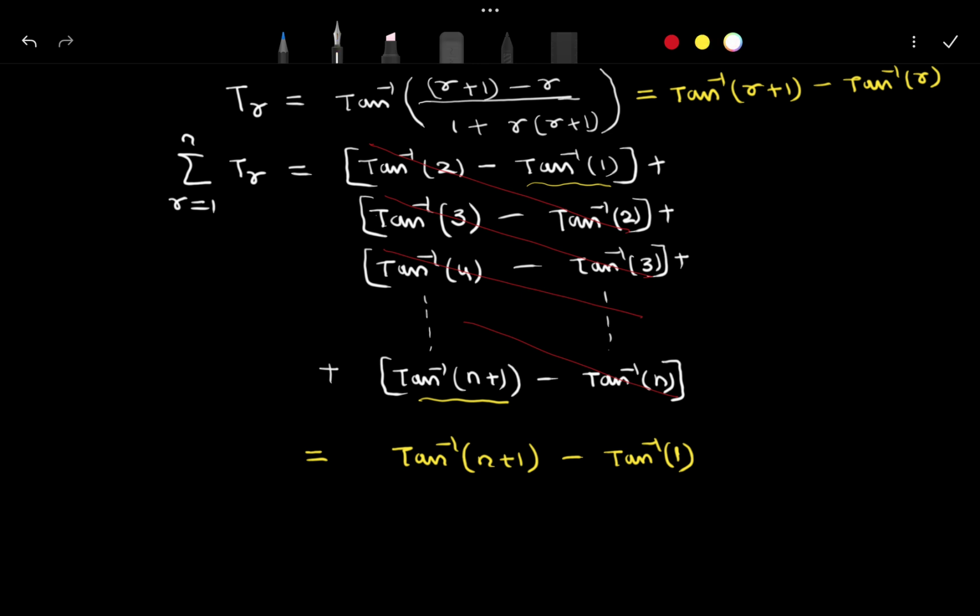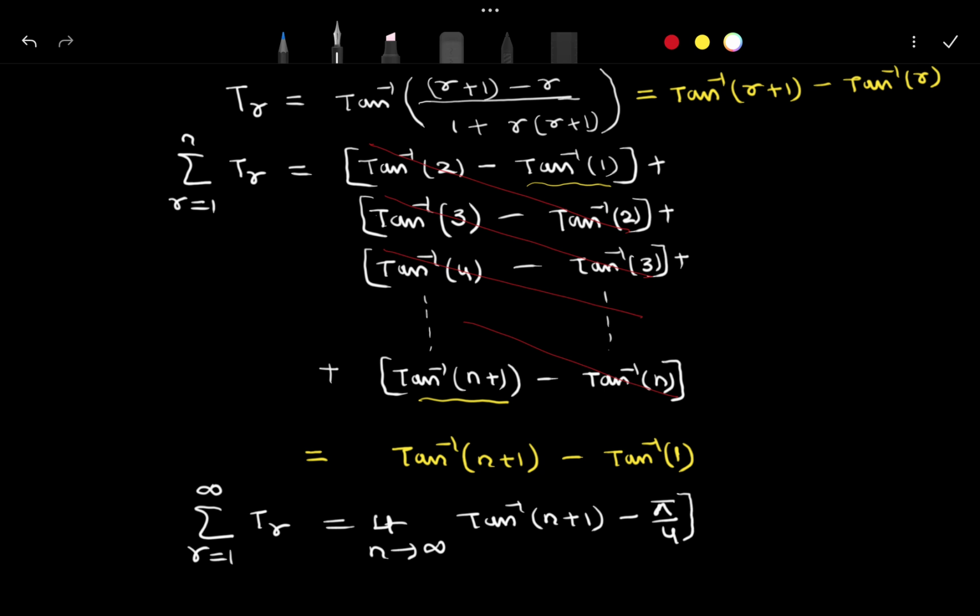You take sigma r equals 1 to infinity, T r will be equal to the limit n tends to infinity. Now you take the remaining value tan inverse of n plus 1 minus tan inverse of 1. You can write this value will be pi by 4.